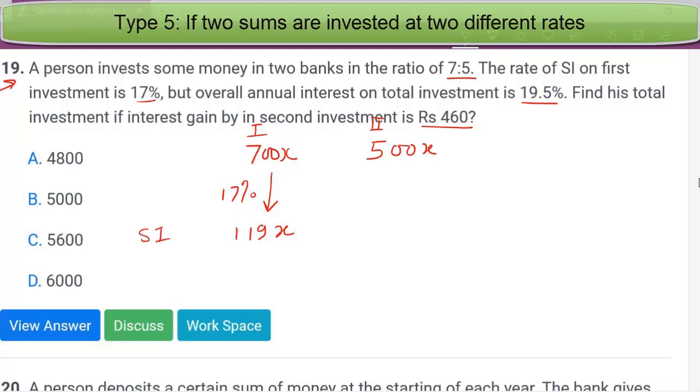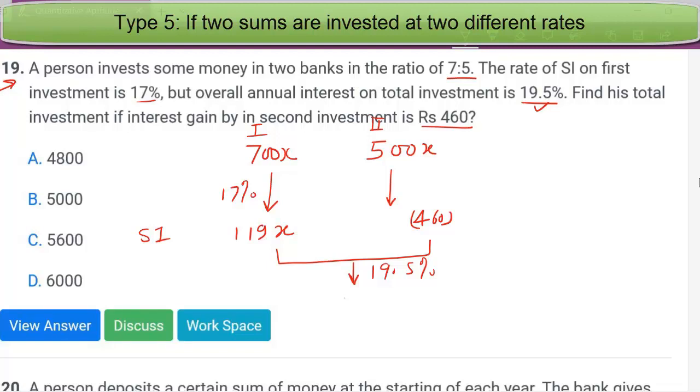For the second, what rate he is getting is not known, but in value terms it is known that he is getting rupees 460 interest for the second one. But overall he is getting interest at 19.5%. Overall means 700 plus 500, that means 1200x rather, in this example.